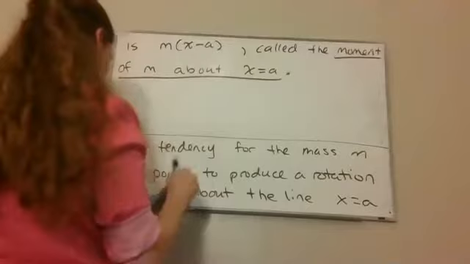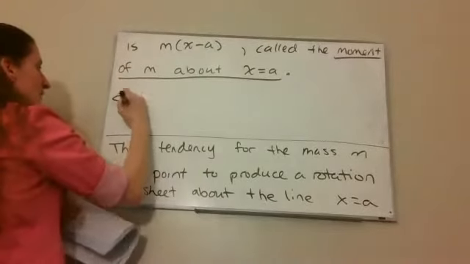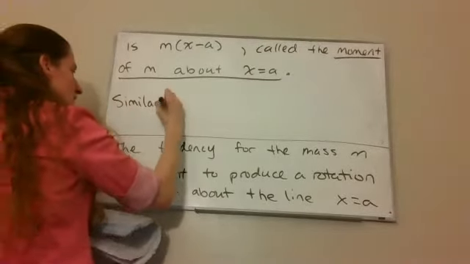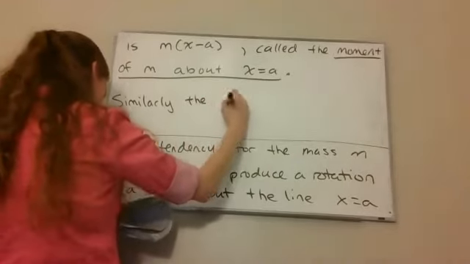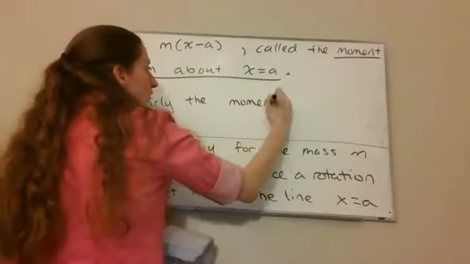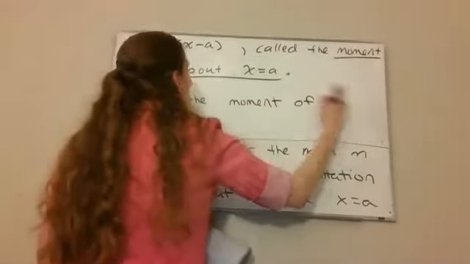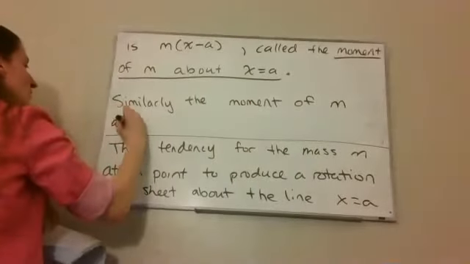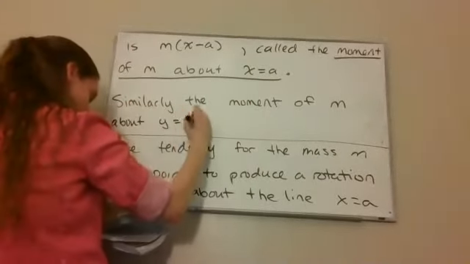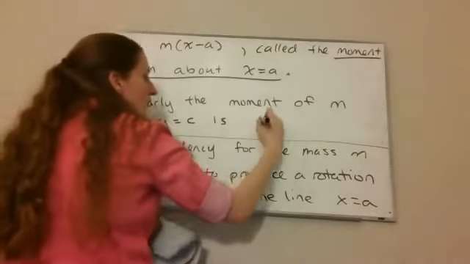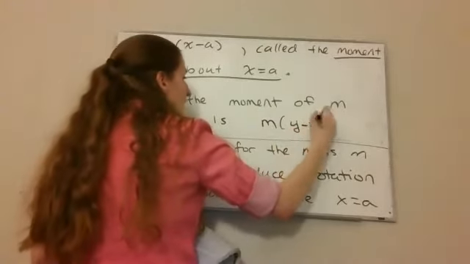And similarly, the moment of m about y equals c is m times y minus c.